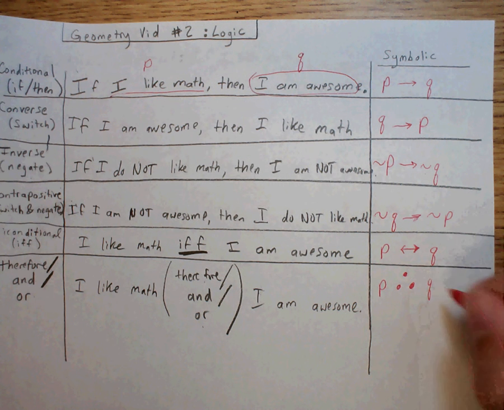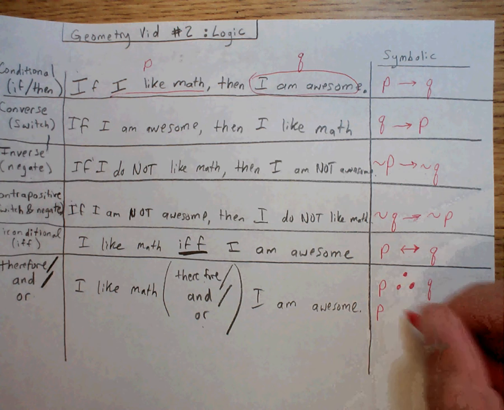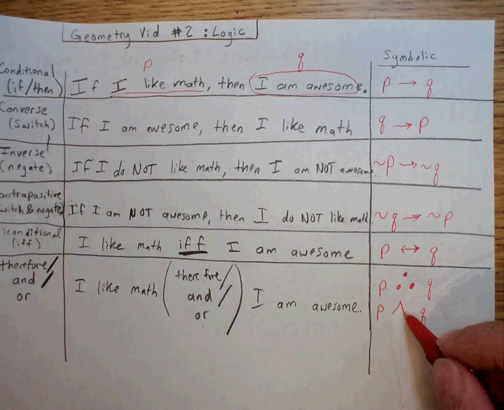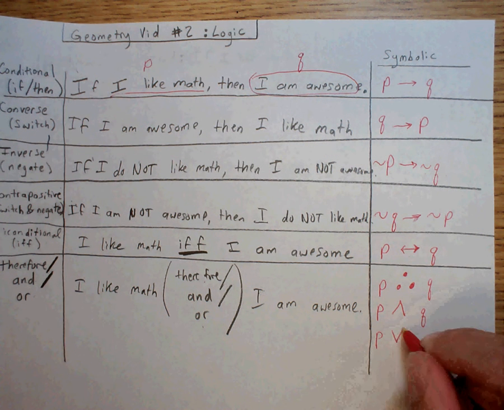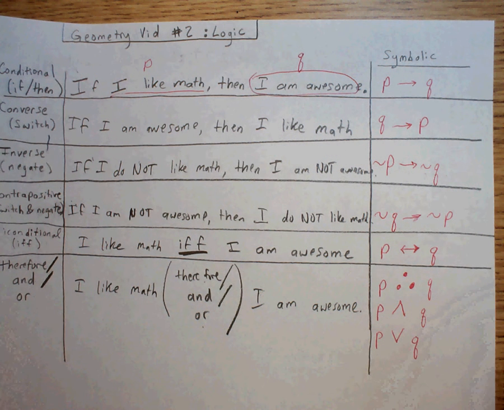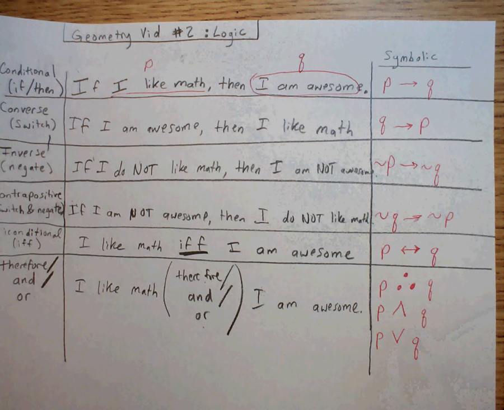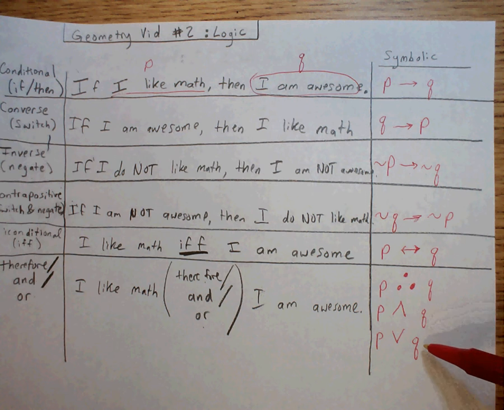And finally end with Q. We could say P and Q. The and symbol almost looks like an A. Or P or Q. Or the caret goes the opposite way of and for or. So P therefore Q, P and Q, P or Q.